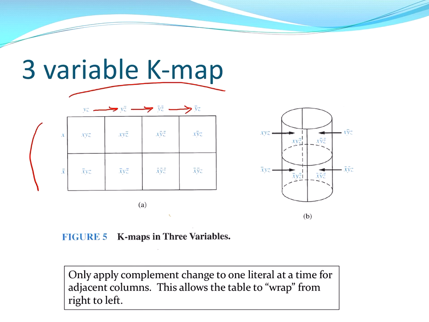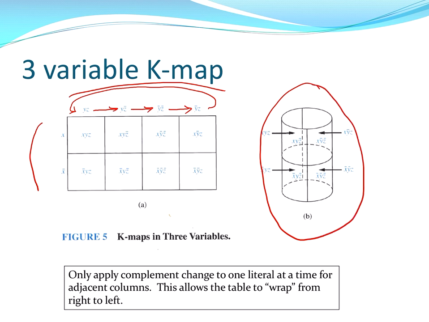If we go back to the first column, we've changed only the complementation of y again. So in essence, our two-dimensional K-map is really like a cylinder that wraps around, as exhibited over here on the right.